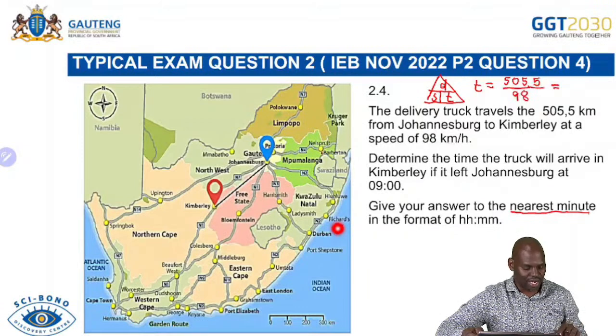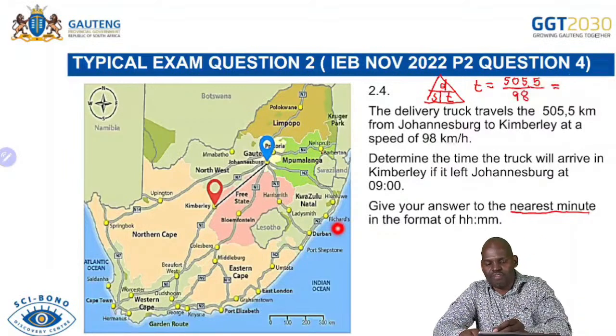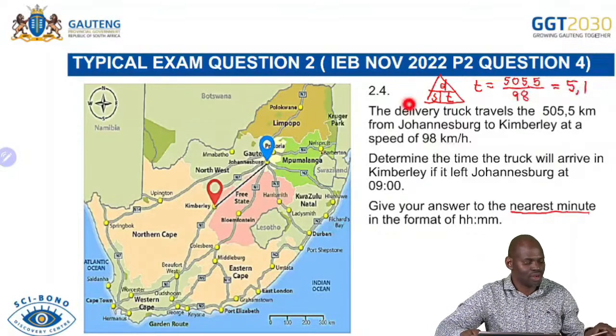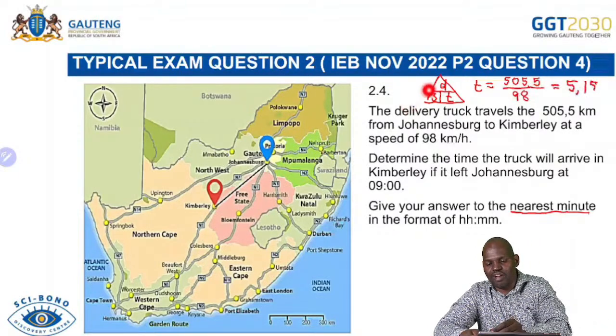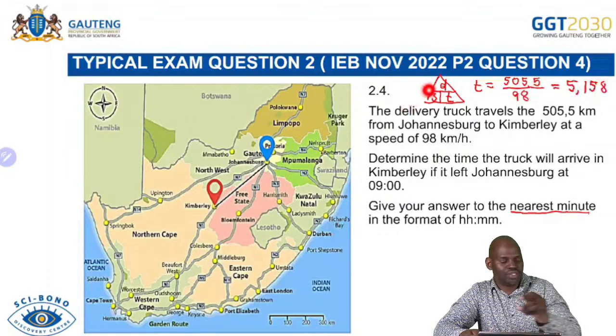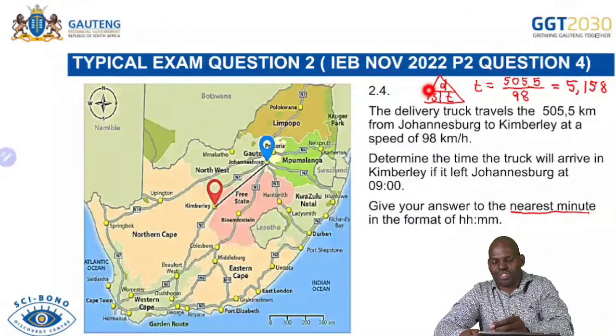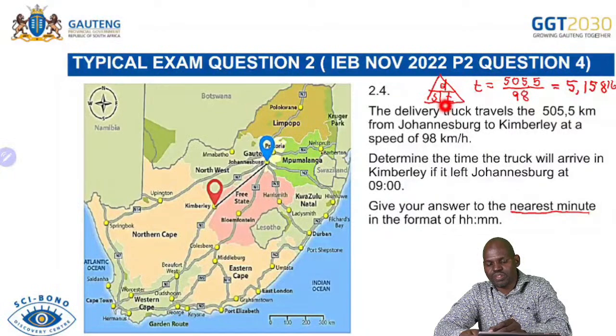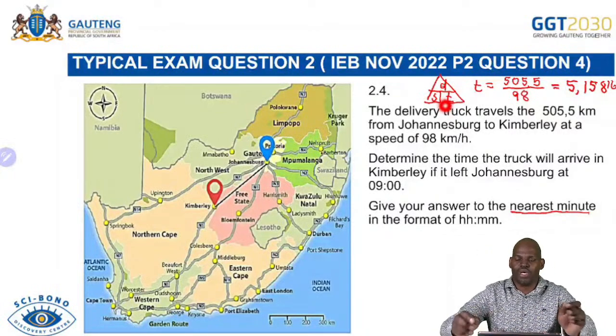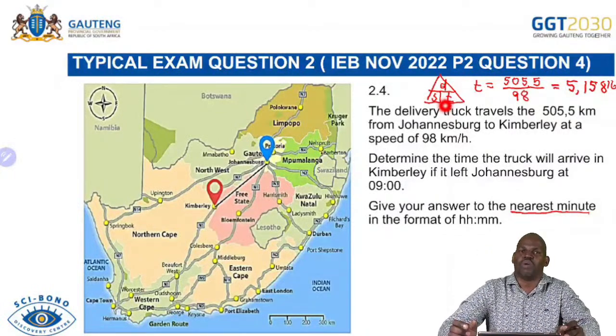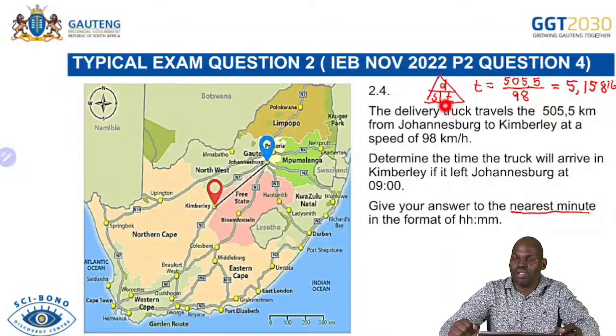505.5 divided by 98, then this will give us 5.158163265. Okay, remember, boys and girls, you are not actually supposed to round off until you get to the final answer.